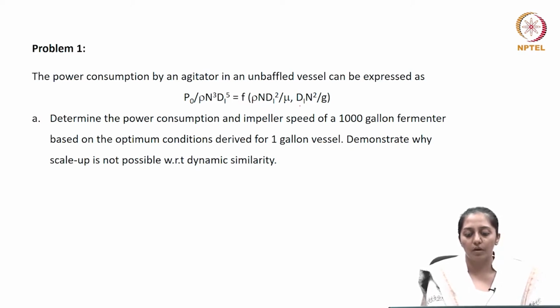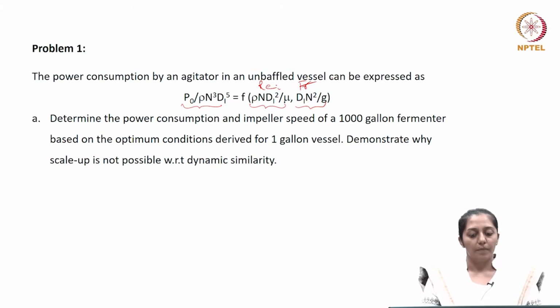So we know that this is the expression which is given: the power number is a function of Froude's number and impeller Reynolds number. Your LHS stands for the power number, and inside, the two terms stand for the impeller Reynolds number and Froude's number.